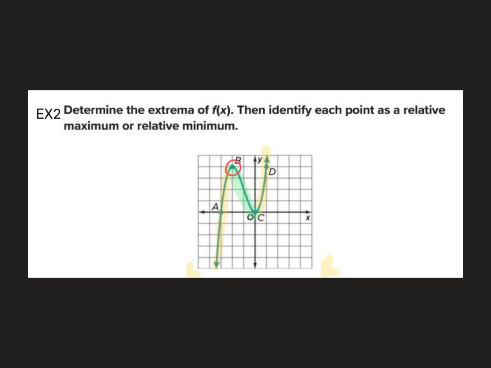Make sure you use your brain. If it's at a highest point, this is a relative maximum. And if it's at a lowest point, then this is a relative minimum.